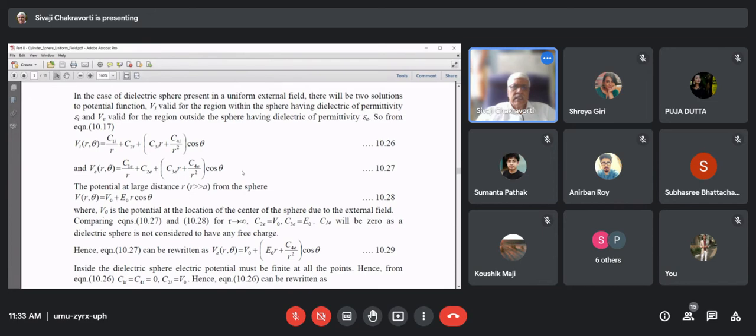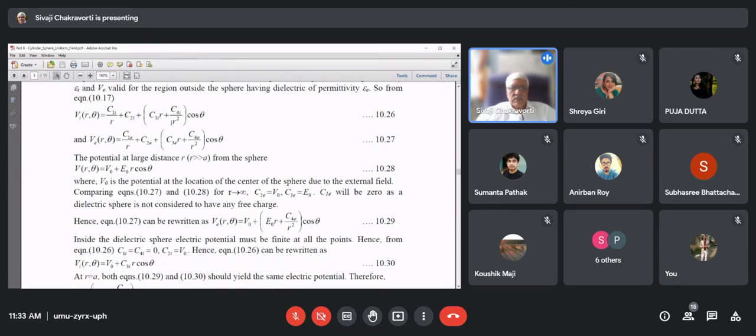So we can compare equation 10.27, which is for outside the sphere, with equation 10.28, and we can see, we can straight away find out these coefficients. In this case, C1e will be always 0 because dielectric sphere will never have free charge. So the solution for outside the dielectric sphere can be written as 10.29, where C4e is still unknown.